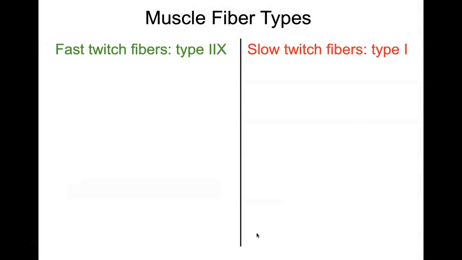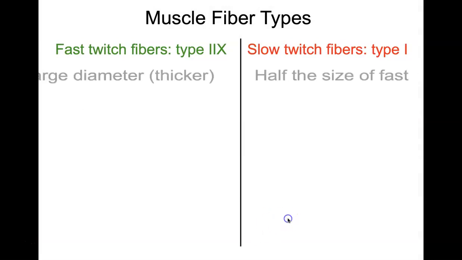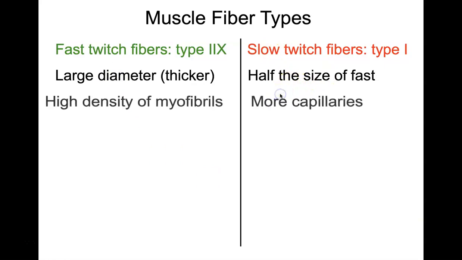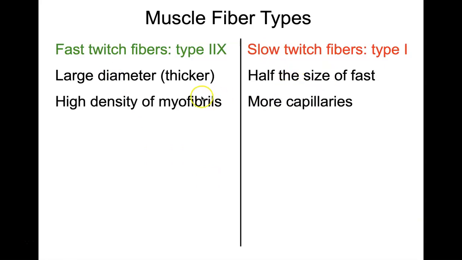Okay, so finally we're going to talk about muscle fiber types today. We'll talk about two types, fast twitch fibers and slow twitch fibers. The fast twitch ones are larger in diameter, they're thicker, and the slow twitch ones are much smaller, half the size of the fast twitch fibers. In the fast twitch, we have a really high density of myofibrils, whereas the slow twitch ones have more capillaries, so more of a blood supply.